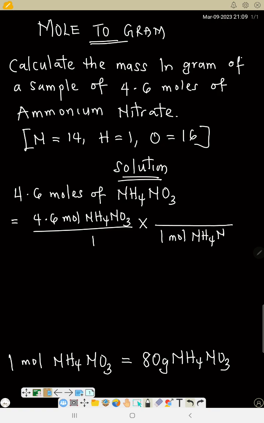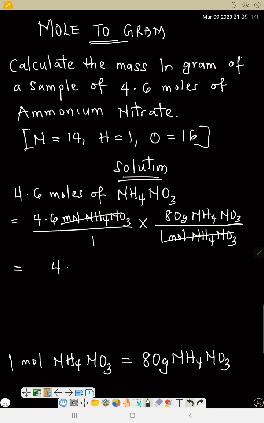The one that will be under should be the one that will cancel out the mole here. So 1 mole of ammonium nitrate is equals to 80 gram of ammonium nitrate. So moles of ammonium nitrate will cancel out moles of ammonium nitrate.